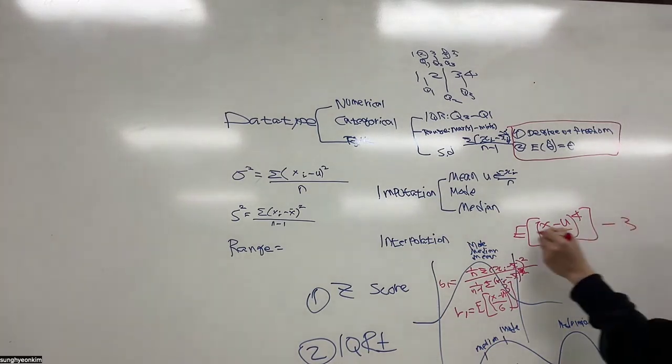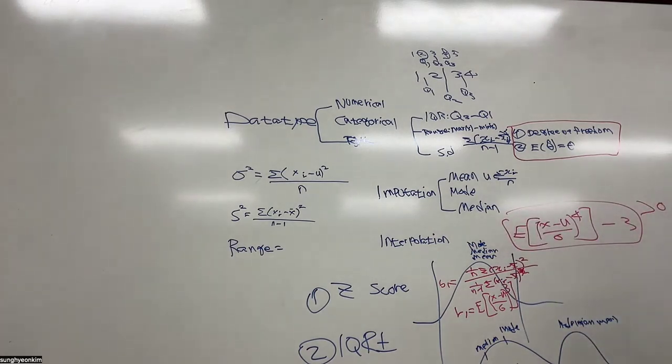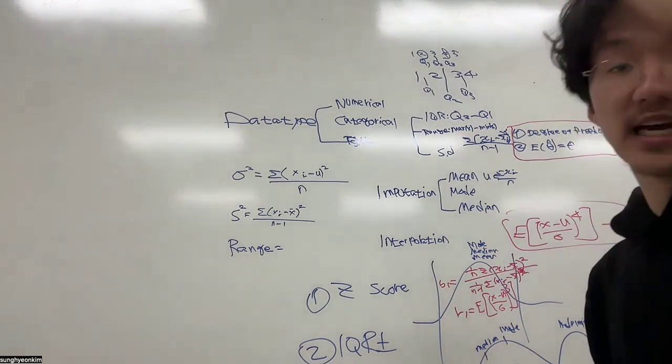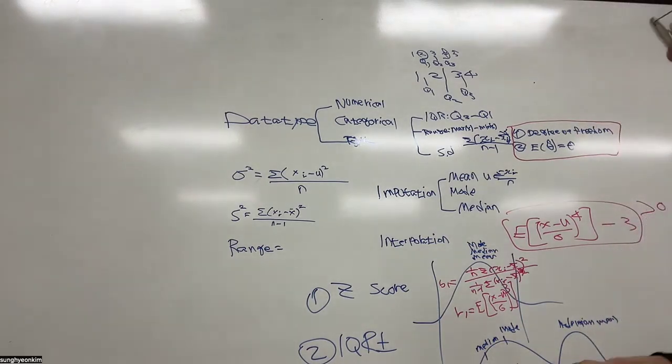We subtract 3, and if it is positive, then it has a heavier tail and sharper peak than the normal distribution.